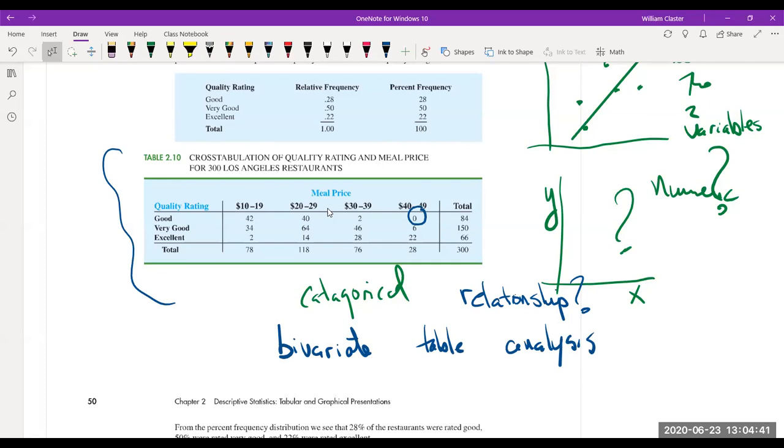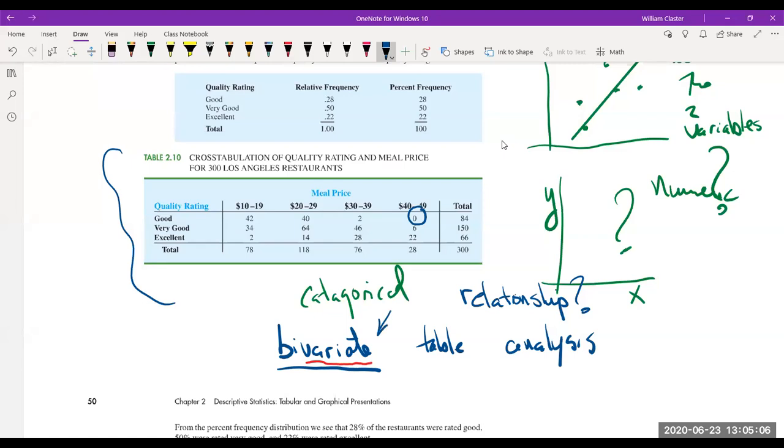So why do we use this word? There are two variables, right? What does variate mean?